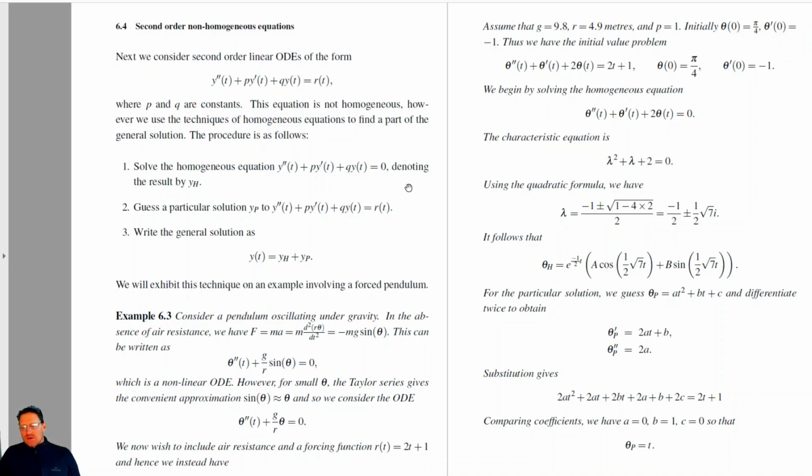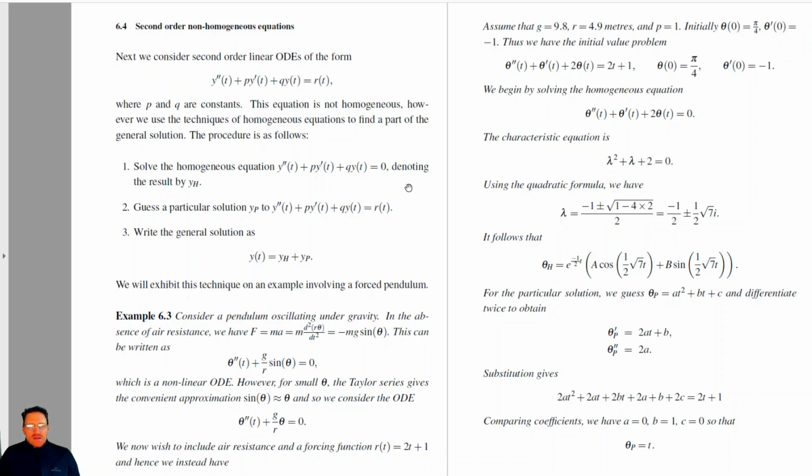So now let's have a look at an example with a pendulum, a forced pendulum. Consider a pendulum oscillating under gravity in the absence of air resistance. So we have F equals ma, so that's m times the second derivative of r theta. Remember, r theta is the arc length of your circle there.